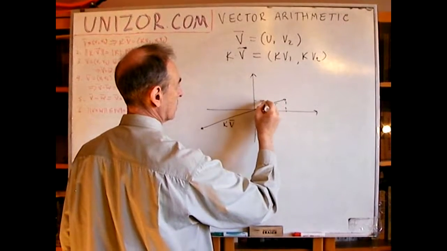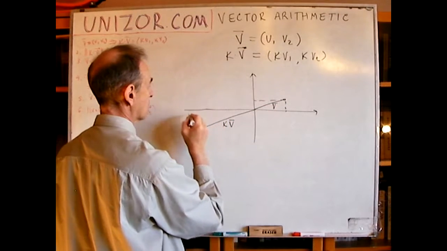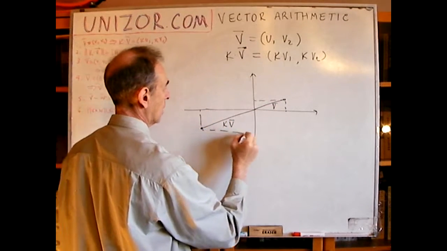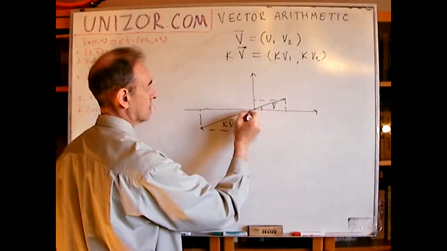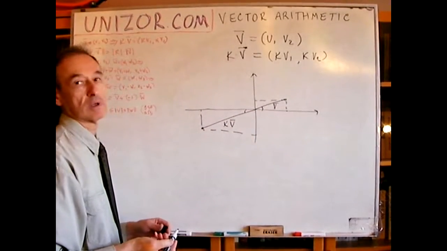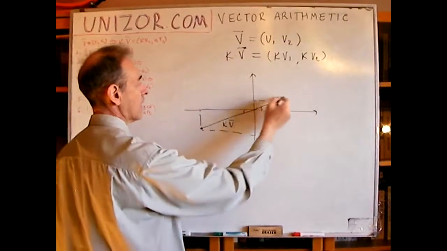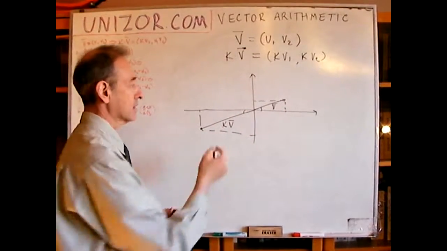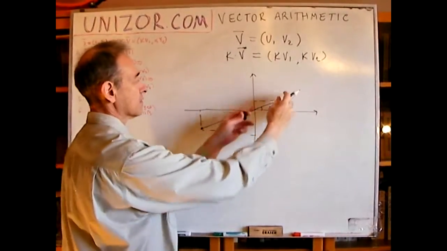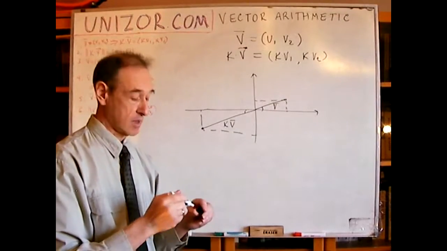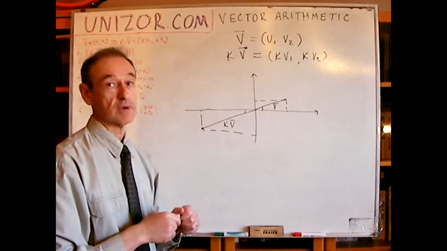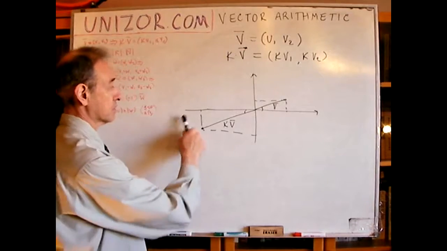And since the direction is changed to the opposite, these angles are still the same, which means that again the triangles are similar and the proportionality between the lengths of the hypotenuses would be exactly the same as the coefficient of proportionality between the catheti.